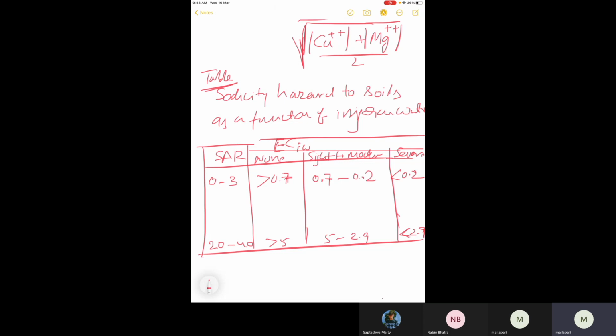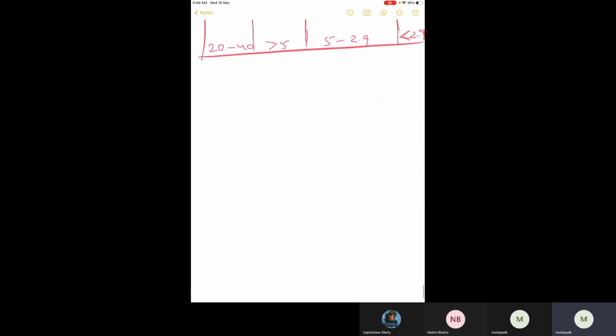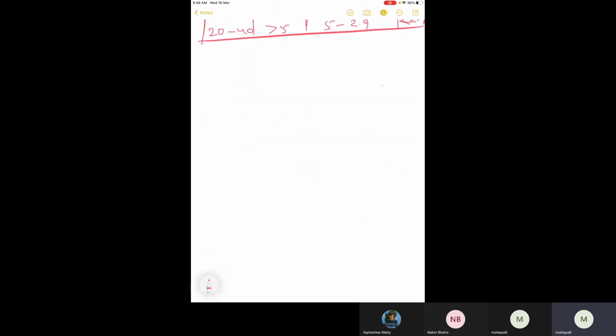So let's do an example in SAR. In this example, the sodium concentration is given as 460 milligram per liter, and the calcium concentration is given as 40 milligram per liter.